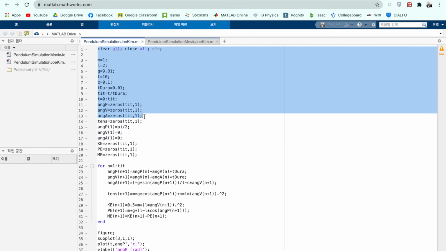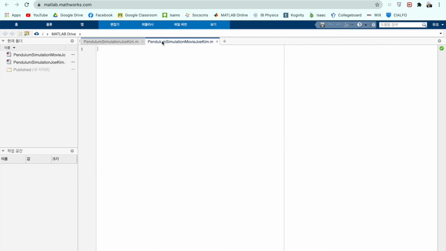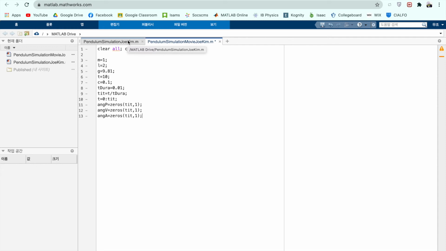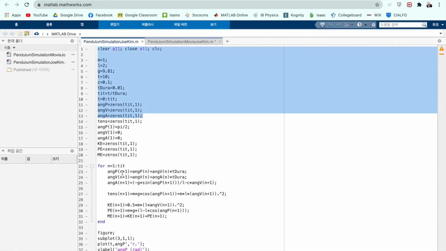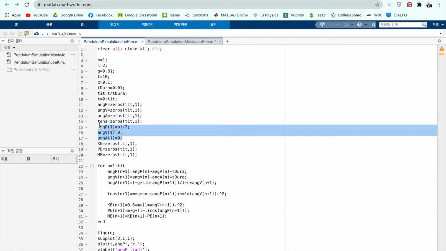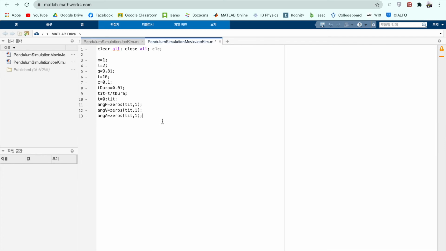Keep in mind that I won't need the tension, so up to here, I need the angular quantities, and I would also need the first values. I won't need the tension because the tension does not play a role in defining the motion in terms of the angular quantities. I'm only going to use the angular quantities.